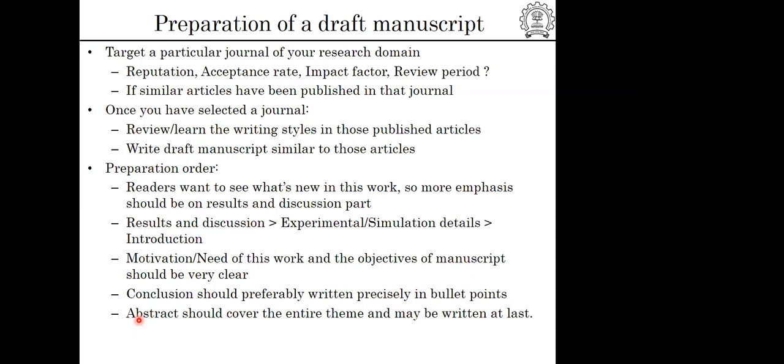If they don't like the abstract, they will not agree to review the full manuscript. So you have to put special emphasis on the abstract, and it should be very precise. It should indicate what kind of work you are reporting in this manuscript, what has been done, and what the novelty is. This is a very critical point.